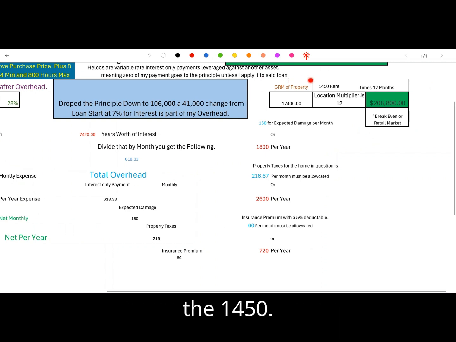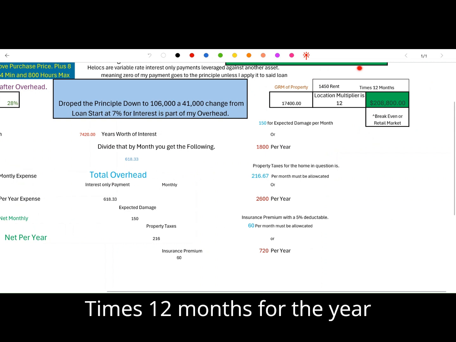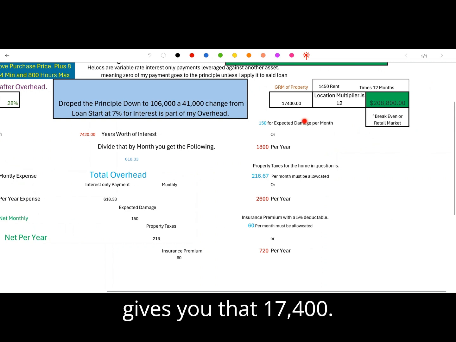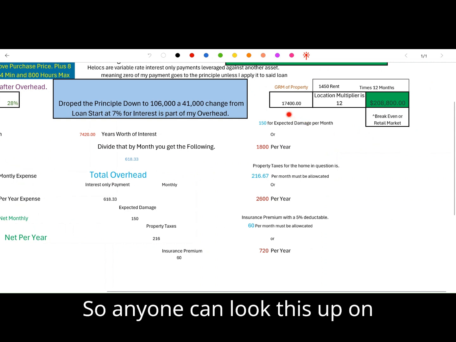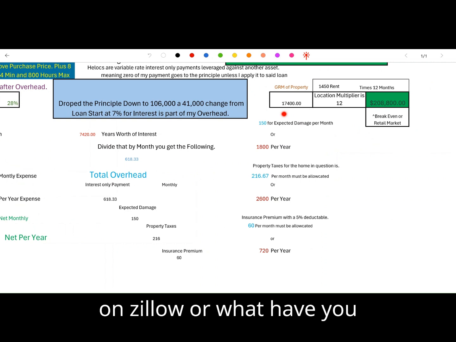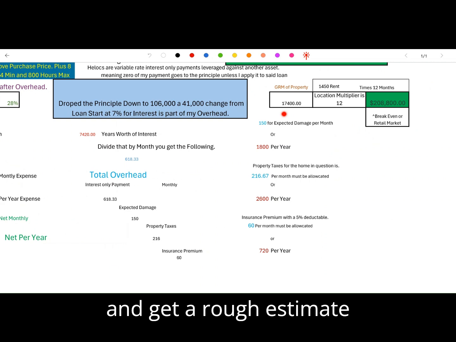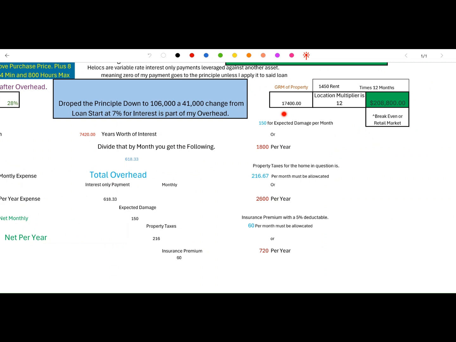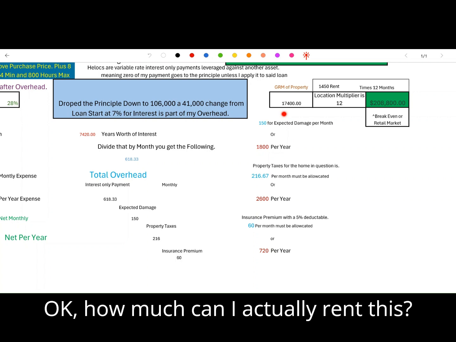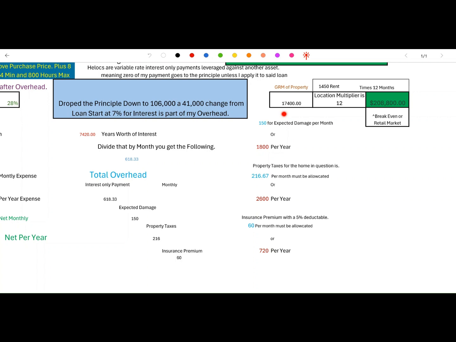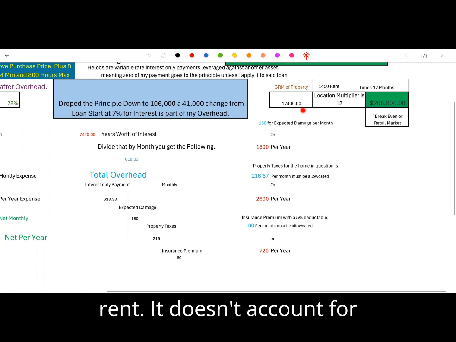So the 1450 times 12 months for the year gives you that 17,400. So anyone can look this up on Zillow or what have you, or Redfin, and you can get a rough idea. Okay, how much can I actually rent this? Now, obviously, that's going to be gross rent.